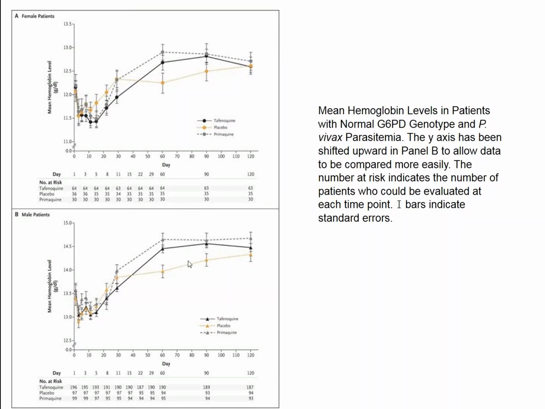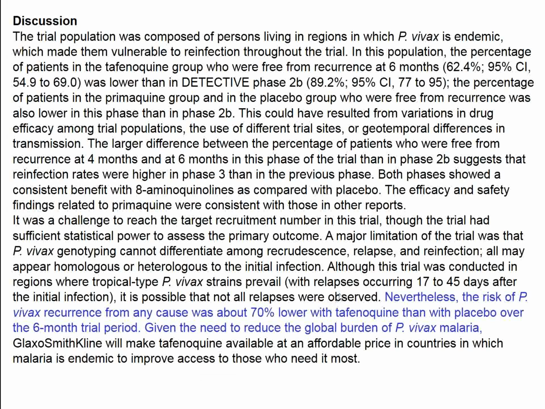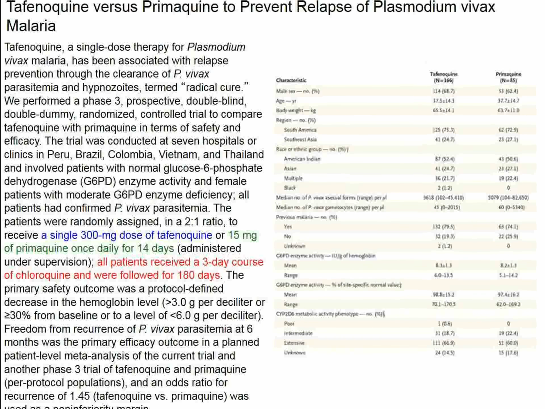Now, you might think that male patients would have more of a problem, but again, since G6PD deficiency was ruled out at the onset of the study, that would seem not to be the case. So it looks like tafenoquine is an adequate substitute for primaquine, and the patients would only have to take it once and not take it for 2 weeks. And GlaxoSmithKline has agreed to make tafenoquine available for patients that need it.